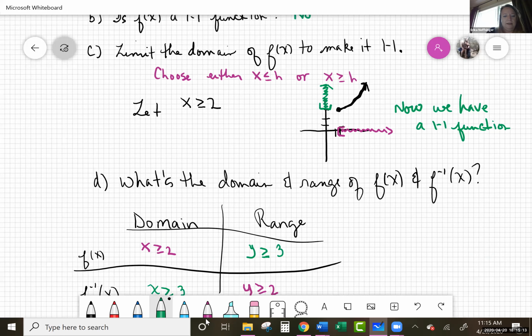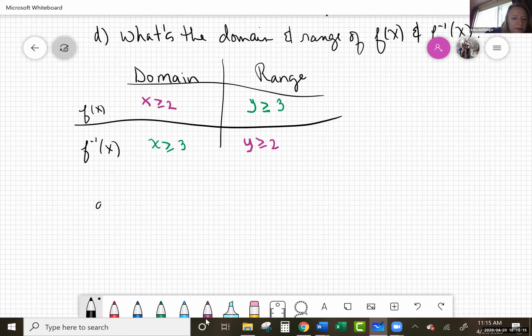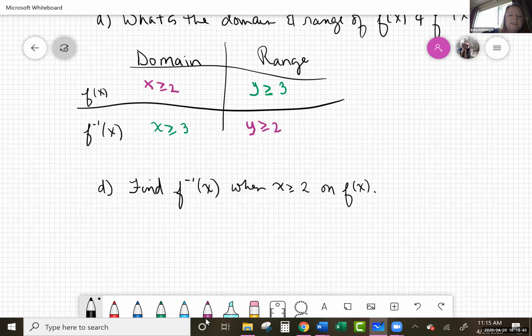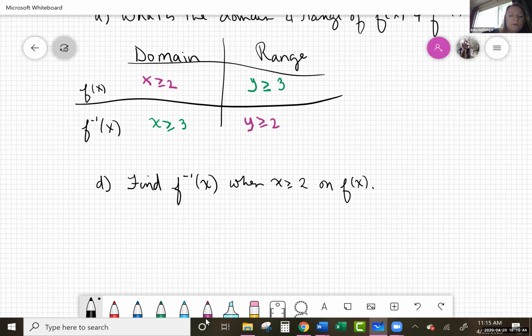So D, let's say it says find f inverse of x, where f of x, when x is greater than or equal to 2 on f of x. Okay, so first thing you want to do is rewrite f of x as y equals.